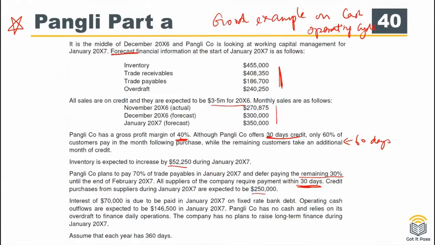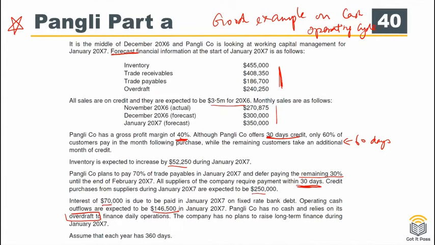There's an interest cost: 70,000 is due to be paid in January on fixed rate bank debt. Operating cash outflows are expected to be 146,500. Payable has no cash and relies on its overdraft to finance daily operations, and it has no plans to raise long-term finance during January.